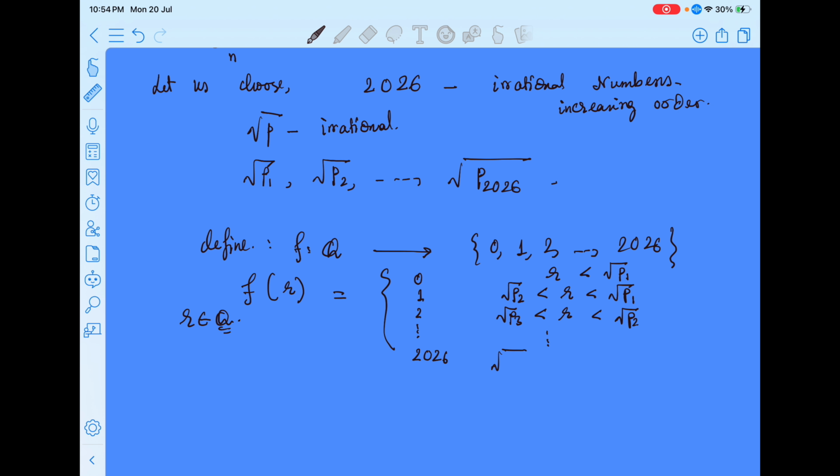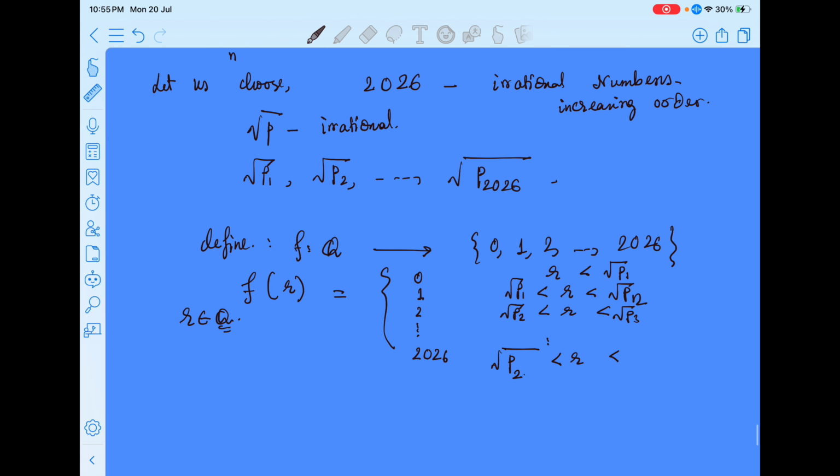Sorry, r has to be inside root p2 and root p3. So this is the definition.